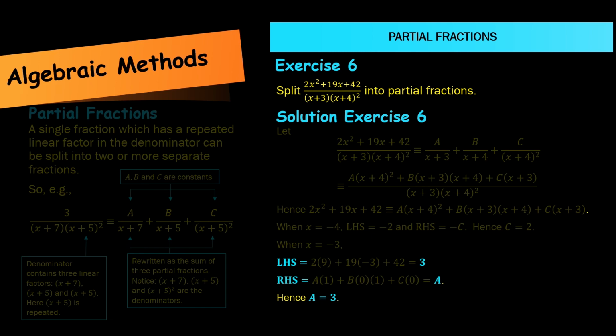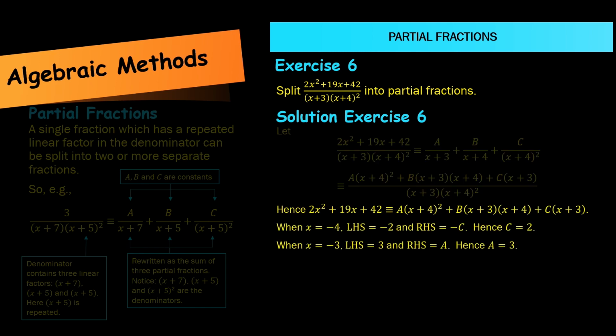So now we have the value of a and the value of c. We only now need to find the value of b. Let's plug in x equal to 0 to simplify our calculations, and also plug in a and c in order to find the value of b.